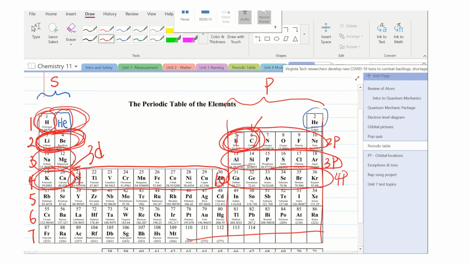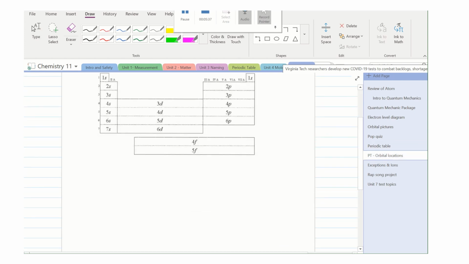But I will show you a page where it's in your notebook as well. So we have the 5s, and then after 3d, these are the 4d's. After 4d, these are the 5p's. Okay, do you guys see how this can let you know the location of the orbitals? So this is the summary here.